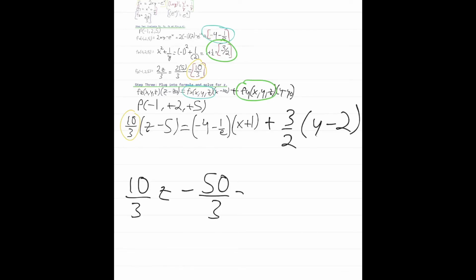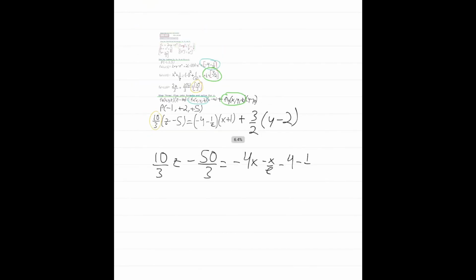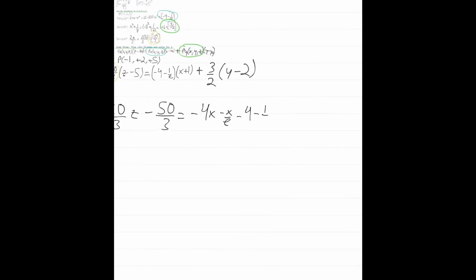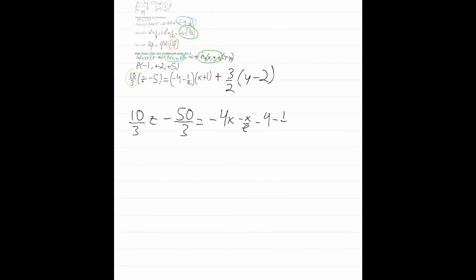So when we simplify, first thing I'm going to do is distribute every term. I FOIL out the -4 minus 1/e times x plus 1. Then from there, I distribute the 3/2 with the y term. And I got these values.